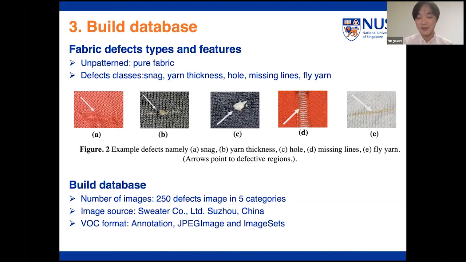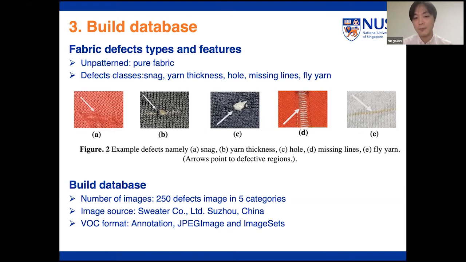Fortunately, these five categories can cover, I guess, more than 95% of researchers' fabric detection in this area. They are snag, yarn thickness, hole, missing lines, and fly-ons. Most of the researchers just focus on how to extract the defect in those images because maybe it's not the simple one, but those are the most common ones.